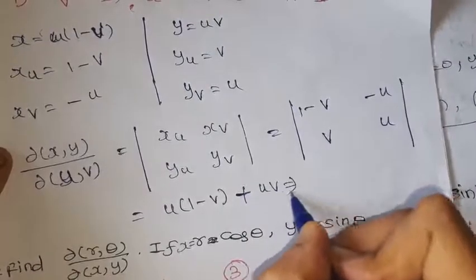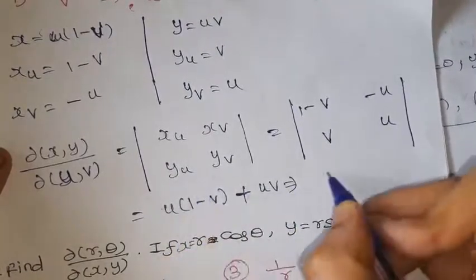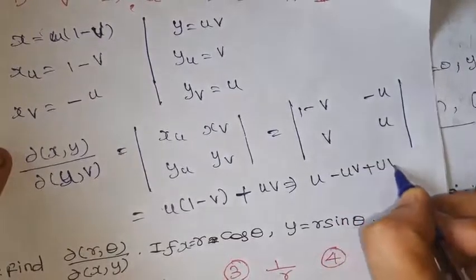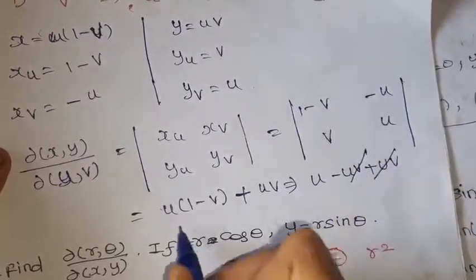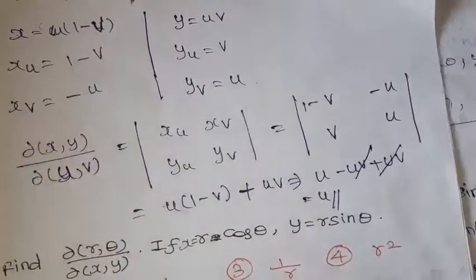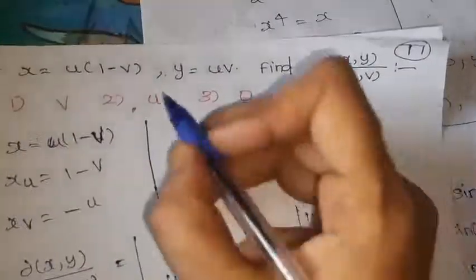Further simplified, u minus uv plus uv. So this and this get cancelled, and we get u alone. So u is the right option, option 2 is the right option for this problem.